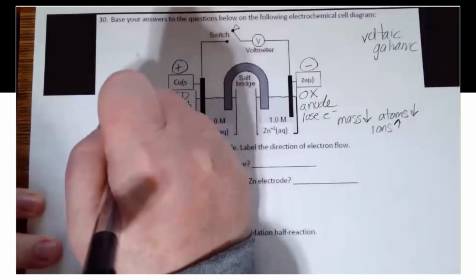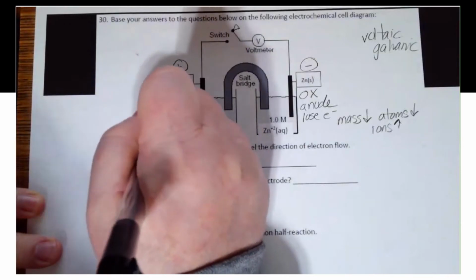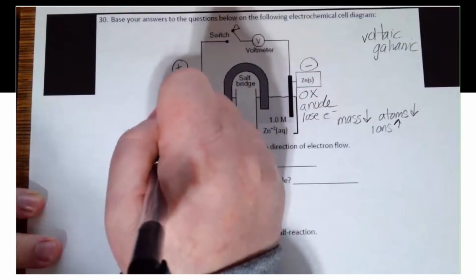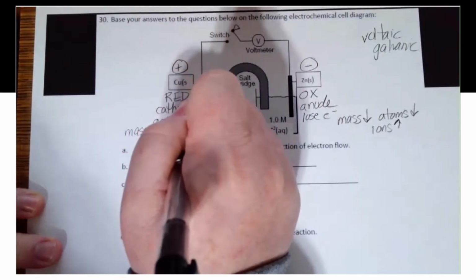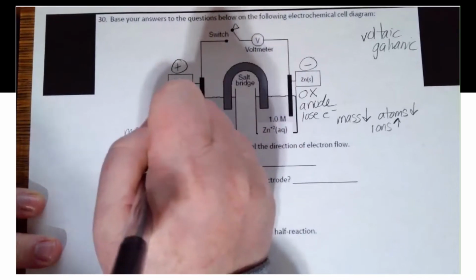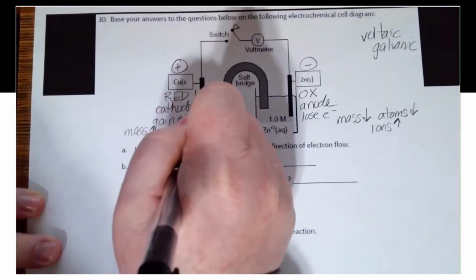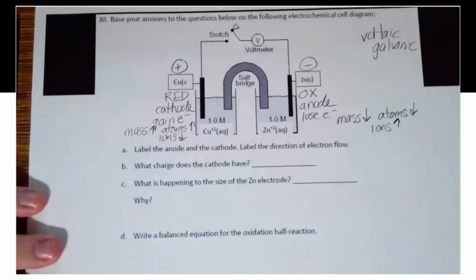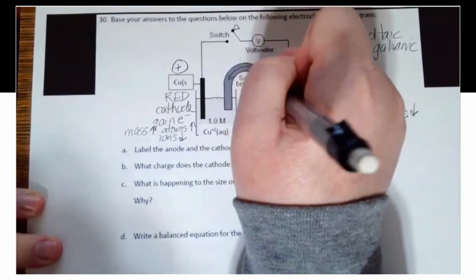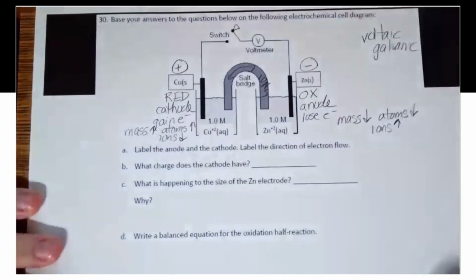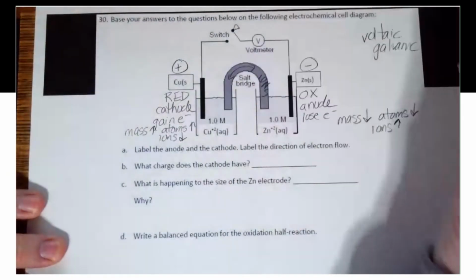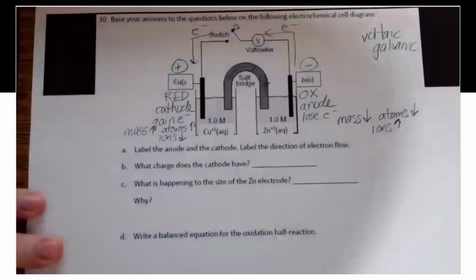And then on this side, we have mass going up because we're gaining electrons, and atoms going up. And then those are coming out of solution, so the ions are going down. Remember, in the salt bridge, we have ions flowing back and forth, and we have electrons through the wire from anode to cathode.